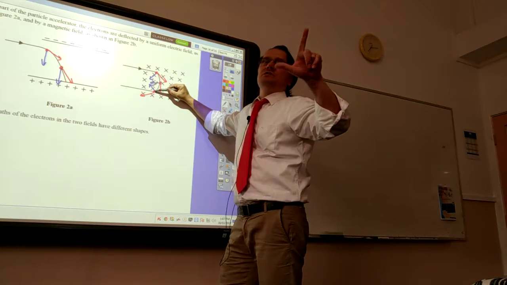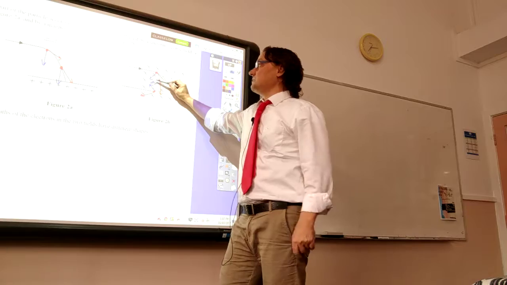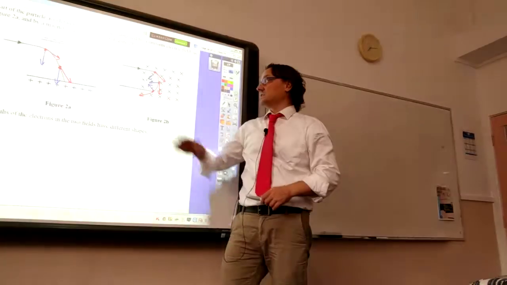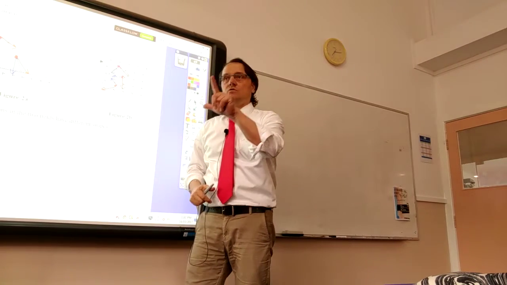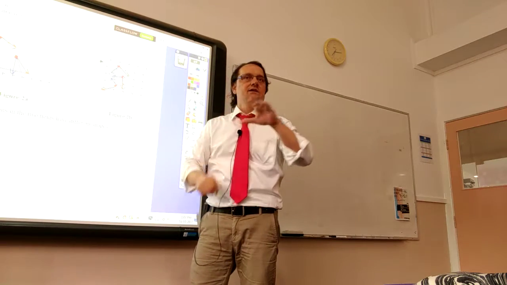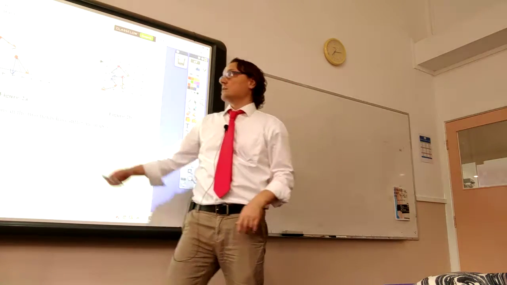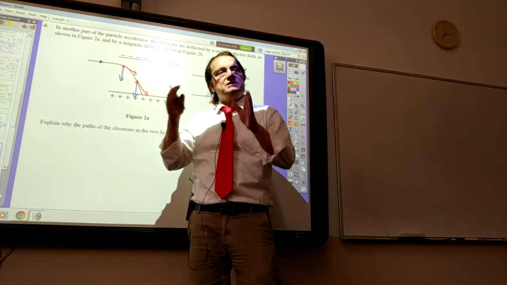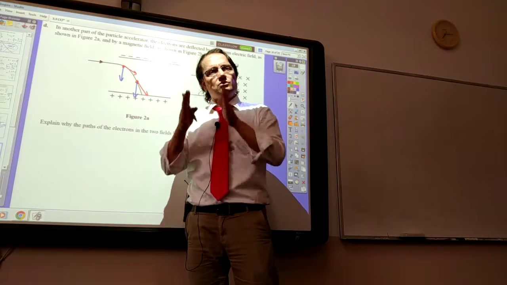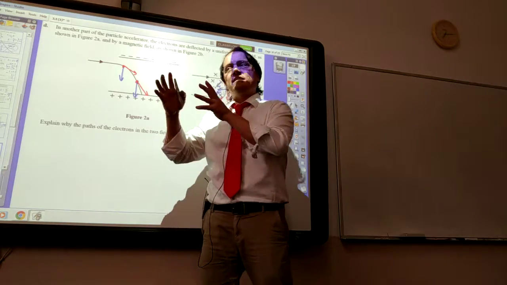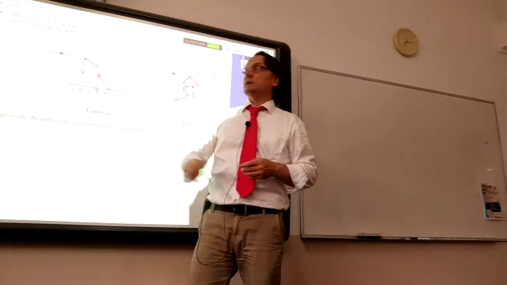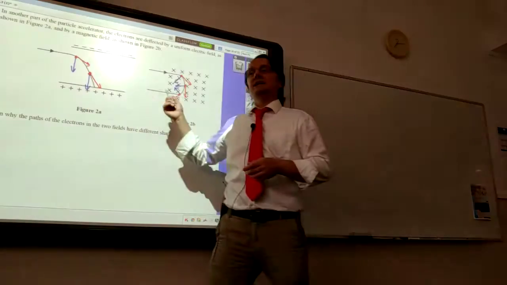And again, force at right angles and points to the center all the time. So, in magnetic field, force is always perpendicular to the velocity, whereas in electric field, force is in one direction all the time. It doesn't align itself according to the velocity in electric field, whereas in magnetic field it does.